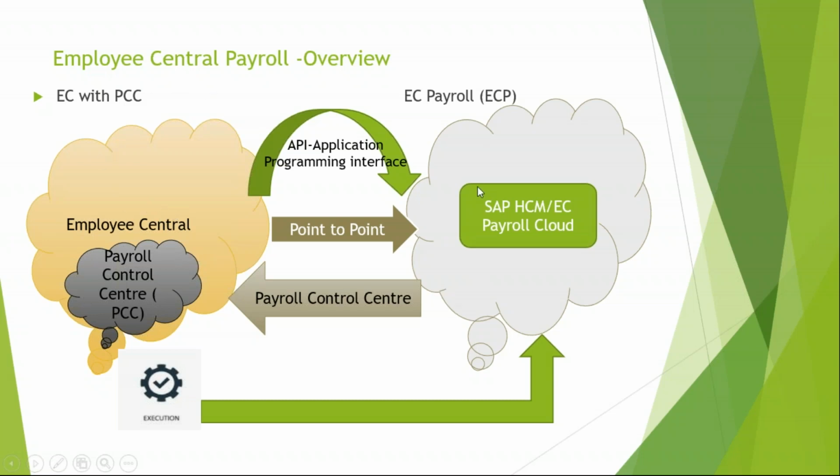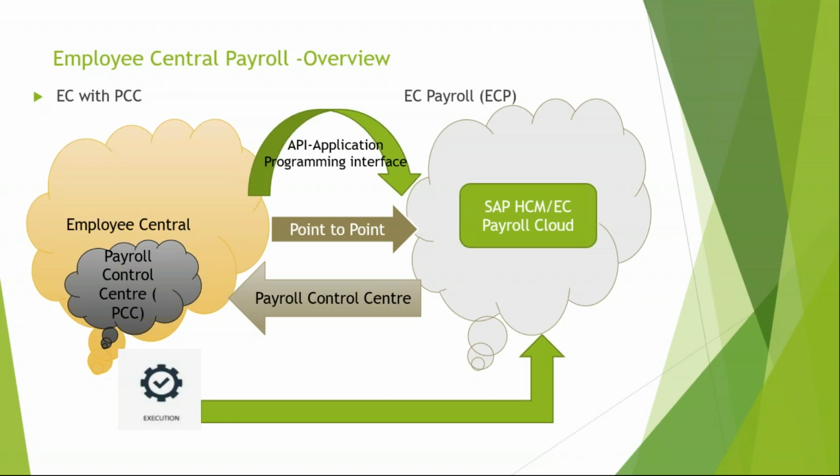While replicating data from EC to ECP, we have to maintain the EC URL or ECP API related URL in the ECP system. Yes, the URLs are client specific, because you will have one client ID, I will have one client ID. Based on that client ID, SAP provides your client specific URL, and that is landscape specific.